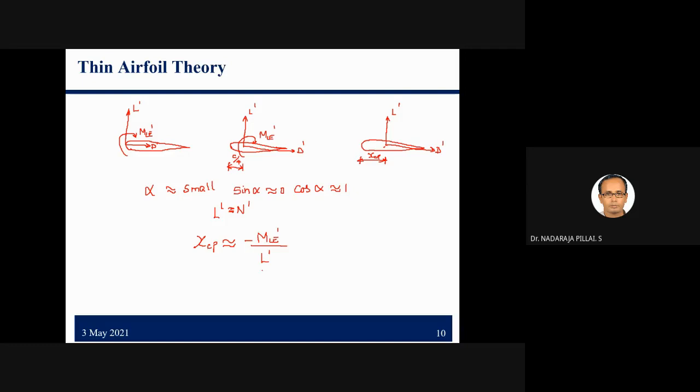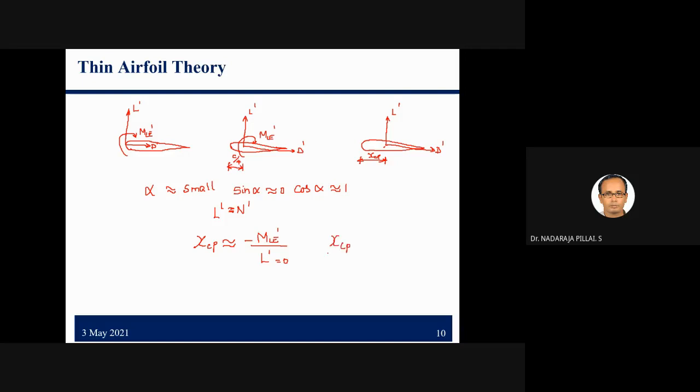If the lift decreases, the xCp increases. What is xCp? The distance from the leading edge to the resultant. So now let us consider the case where the lift becomes 0. Then the center of pressure moves to infinity, right?